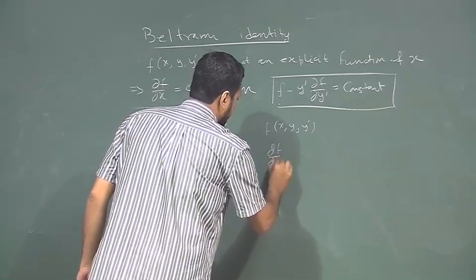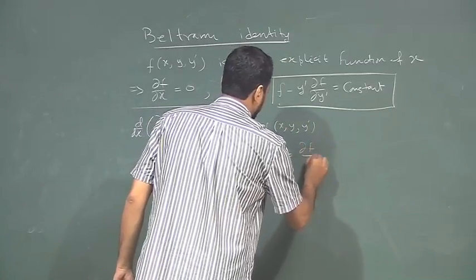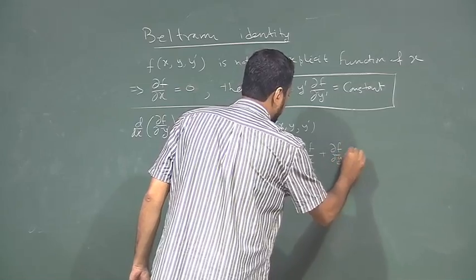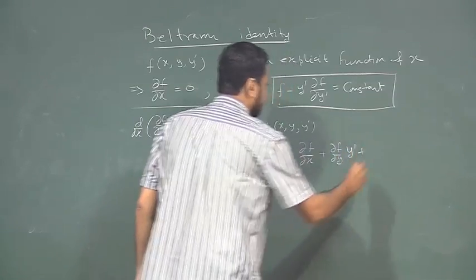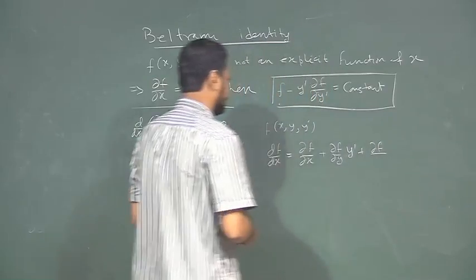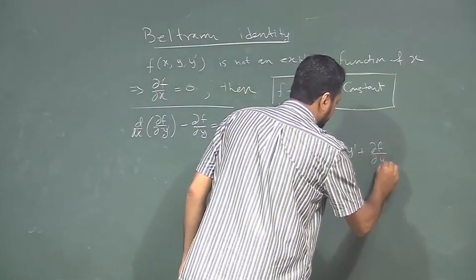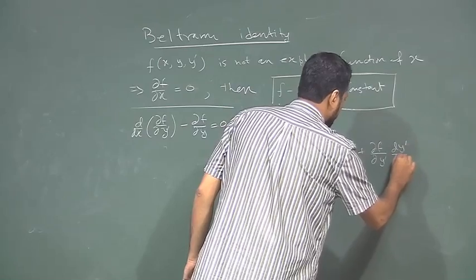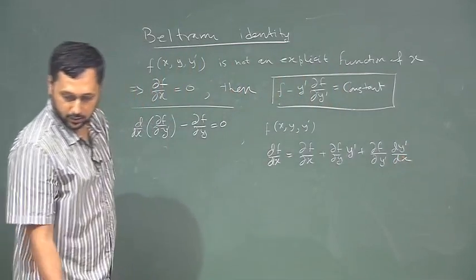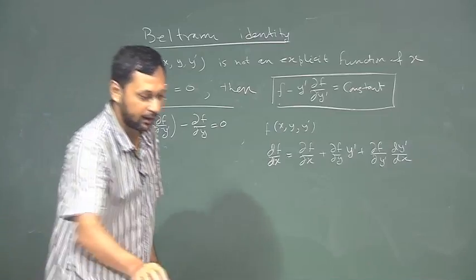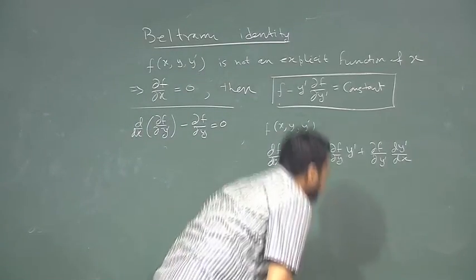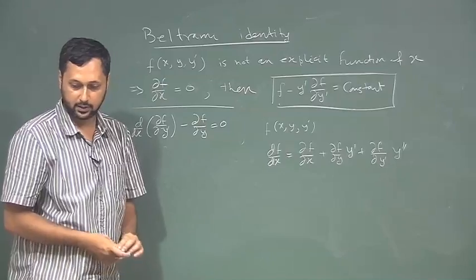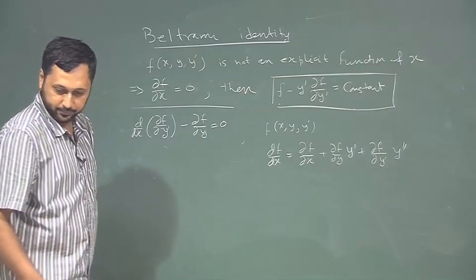So, df/dx is given as ∂f/∂x plus ∂f/∂y y' plus ∂f/∂y' dy'/dx. For the last term, we can simply call it y double dashed.